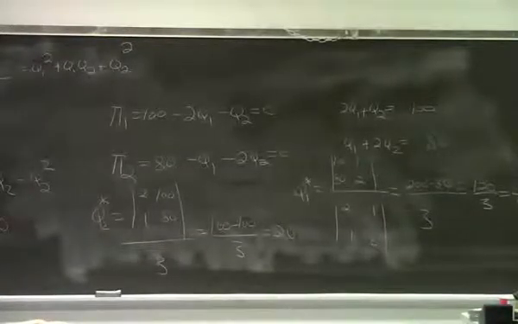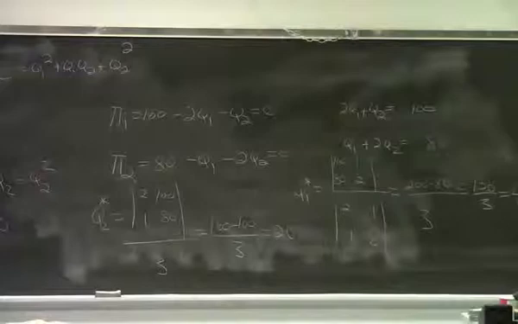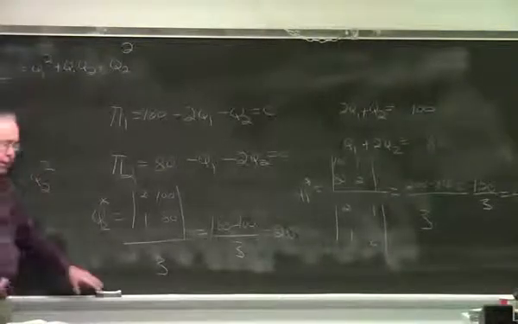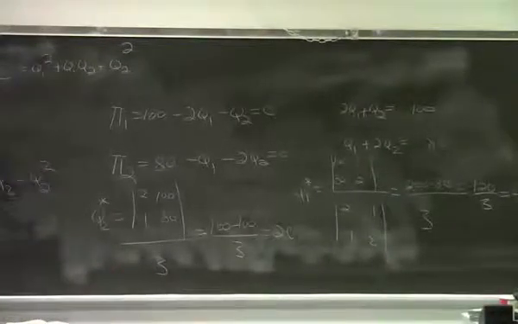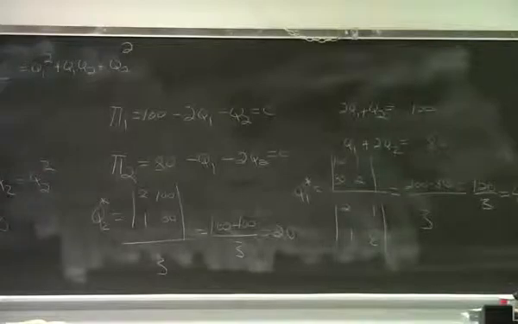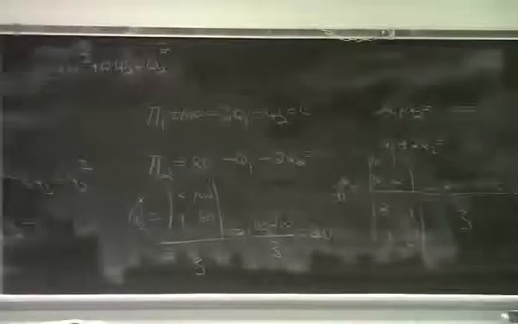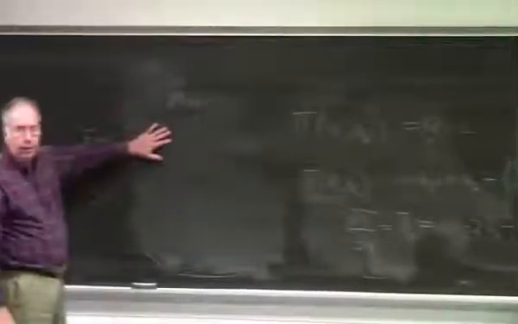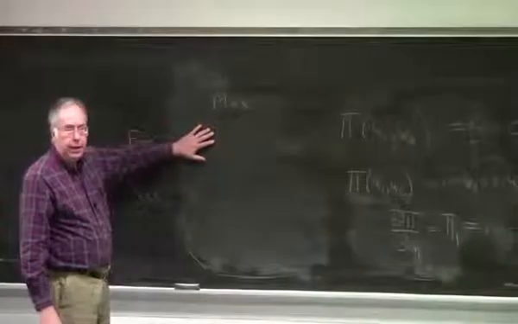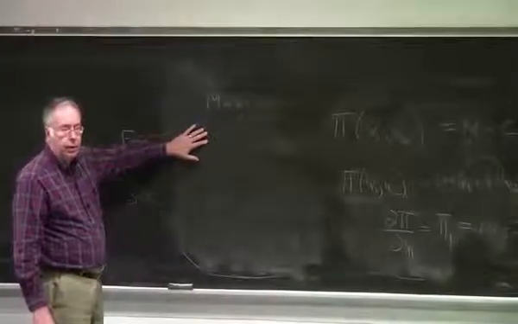Now, let's check the second order conditions. The second order conditions are going to be this. Let me just rewrite this because our notation has changed. Before, it was f sub xx. What is it going to be now? Not f sub xx, but what?